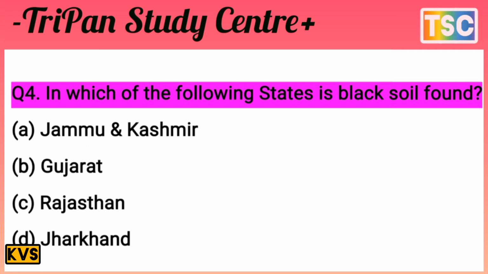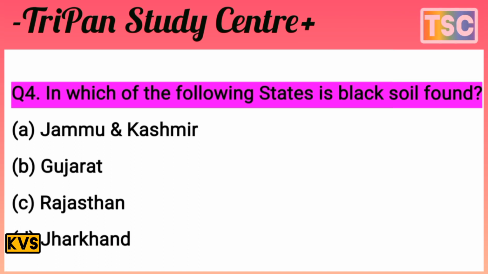The options are: A, Jammu and Kashmir; B, Gujarat; C, Rajasthan; and D, Jharkhand. First of all, test your knowledge. I'm going to give you a few seconds. You must have thought of your answer.